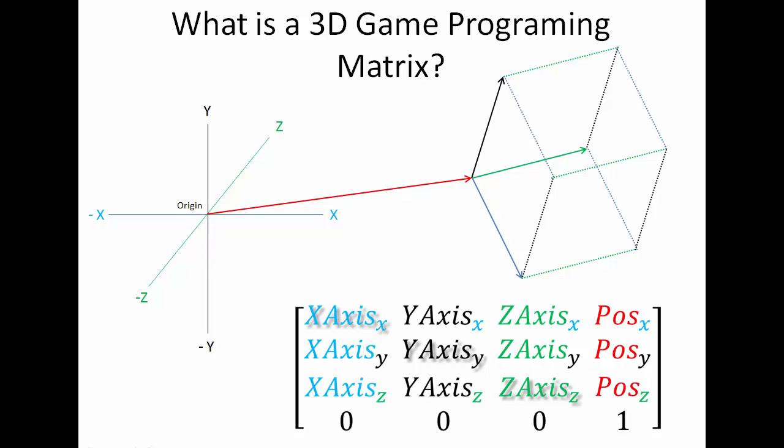So that would be basically just pointing straight down the y-axis. And then the z-axis in an identity matrix would be 0, 0, 1, 0, which would be pointing straight down the z-axis. And the position would be 0, 0, 0, 1, which would be no offset. So it would be positioned at the origin and perfectly aligned with all 3 axes.